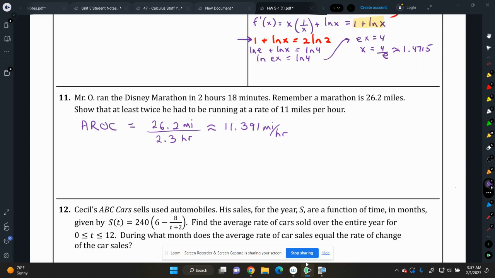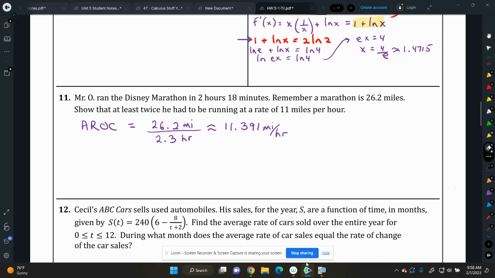Even if he stops, he's going to pick up at that same spot. It's not going to be discontinuous. So it is definitely continuous, and it's going to be differentiable.